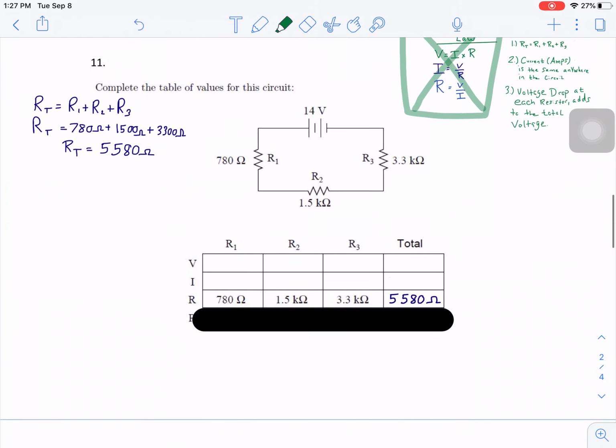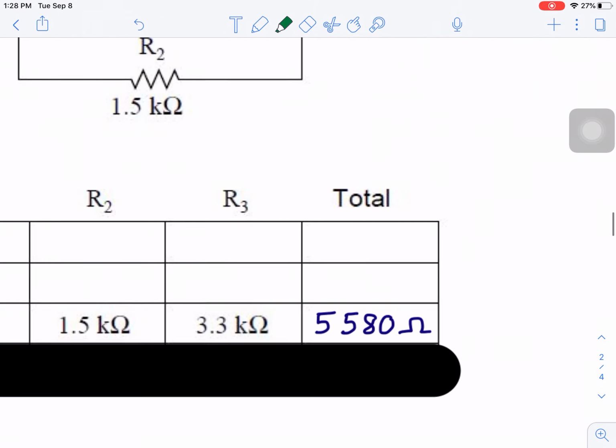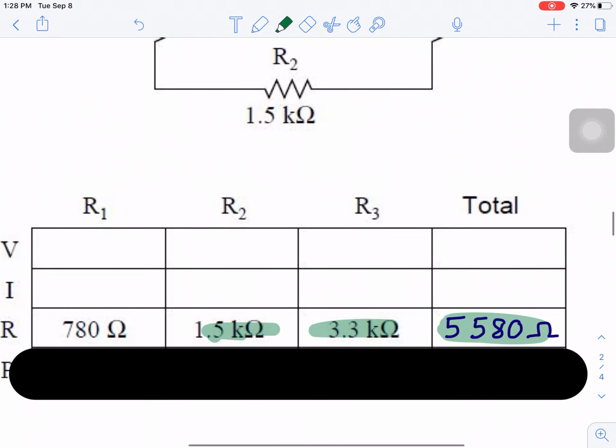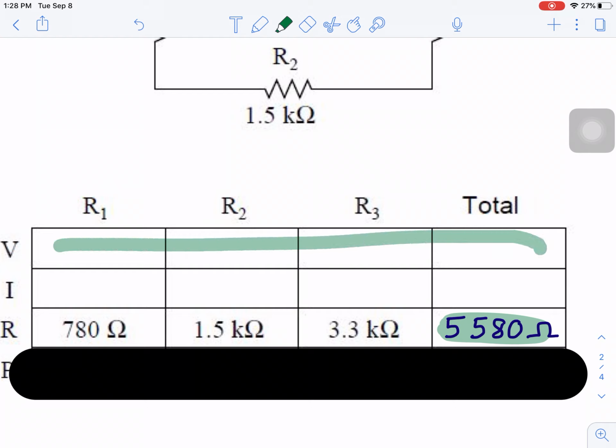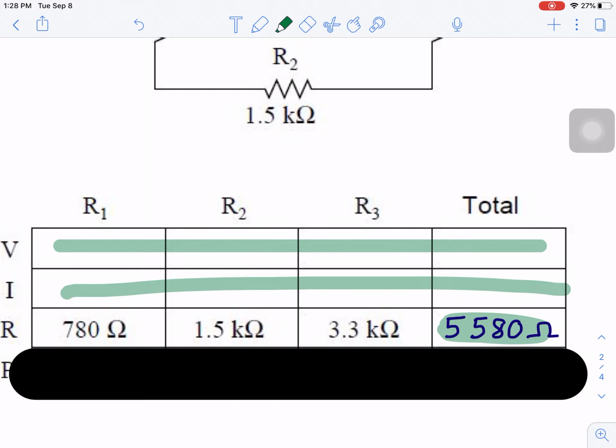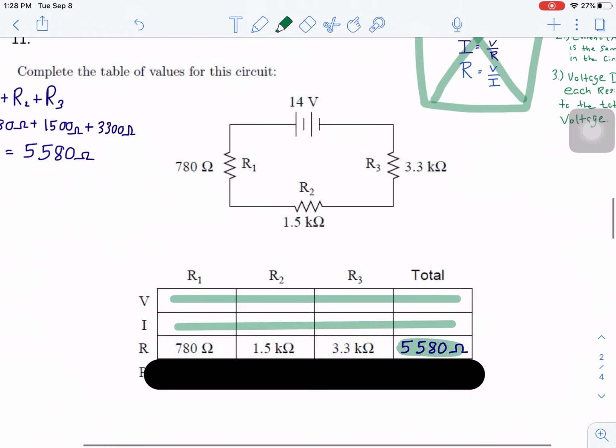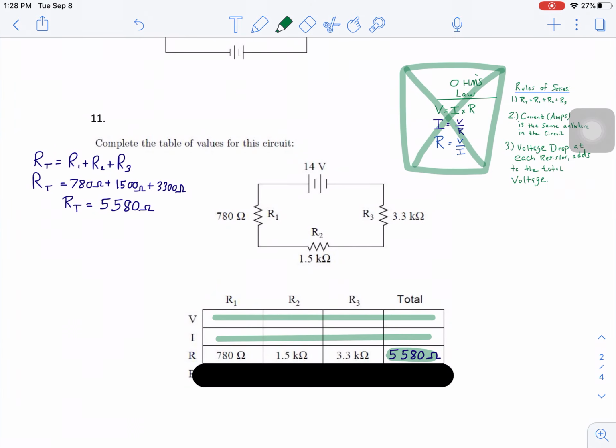And if we look at where we are in the problem, I have total resistance. I have R1, R2, and R3, but I don't have any voltages. I don't have any currents. So therefore, there's really no way for me to use Ohm's law with where I'm currently at in the problem.